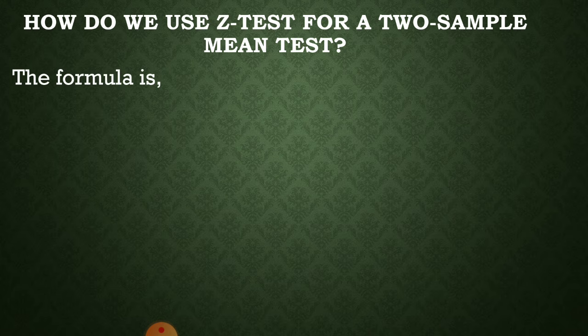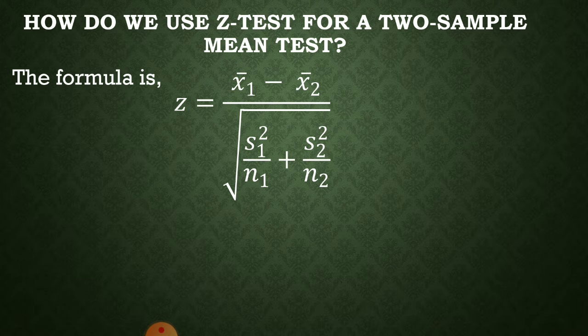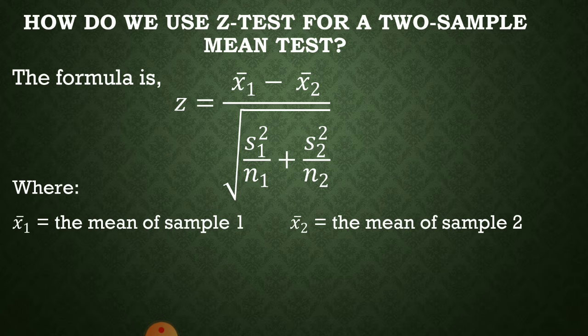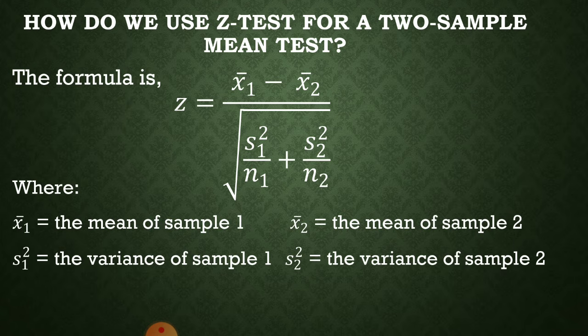We use the formula Z is equal to x sub 1 bar minus x sub 2 bar all over the square root of s sub 1 squared all over n sub 1 plus s sub 2 squared all over n sub 2, where x sub 1 bar is the mean of sample 1 and x sub 2 bar is the mean of sample 2. s sub 1 squared is the variance of sample 1 and s sub 2 squared is the variance of sample 2.